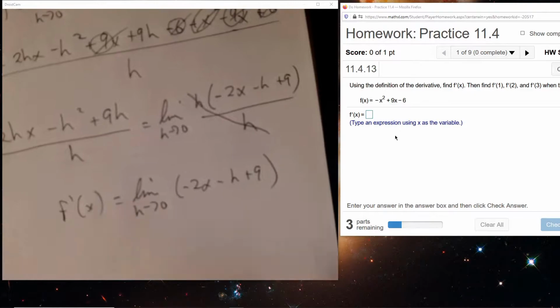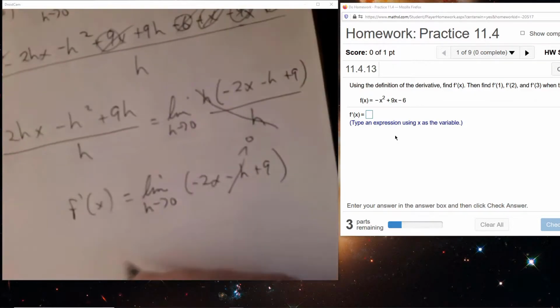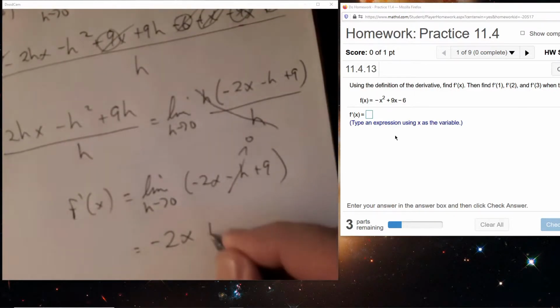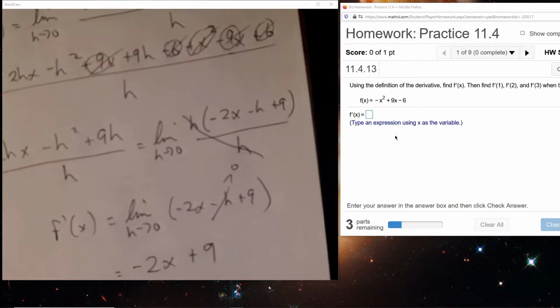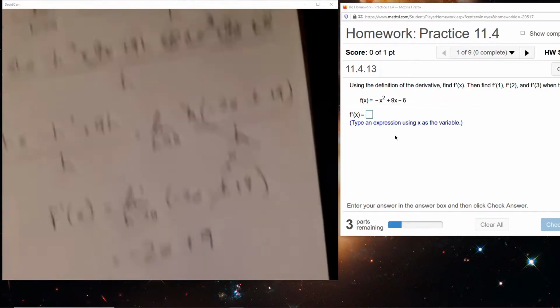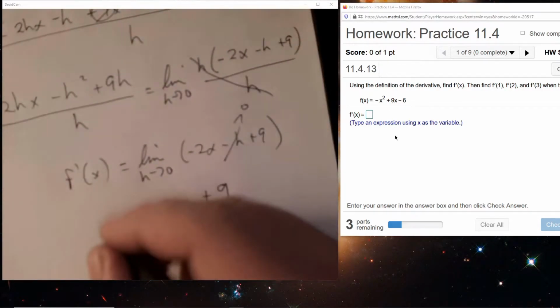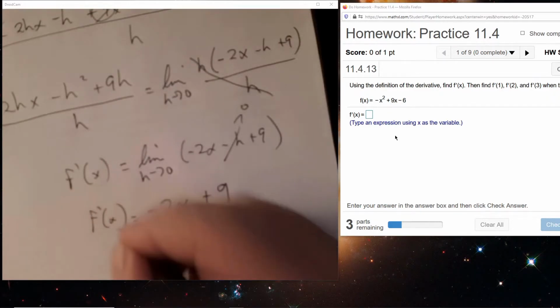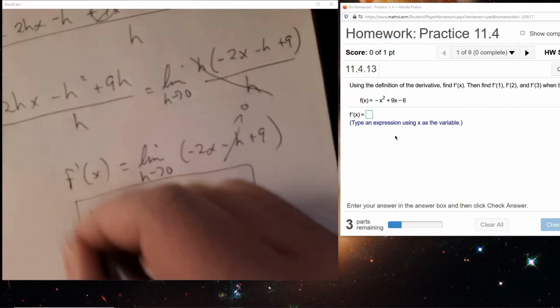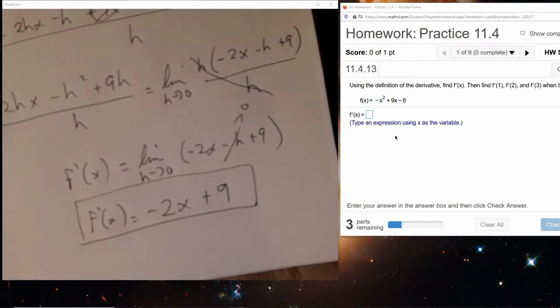So as h gets forever smaller, this is going to 0. And then what this is forever approaching is minus 2x plus 9. And that is the derivative function. So this function will tell us the slope at every point of the original function. And this is actually the first thing they want filled in here.